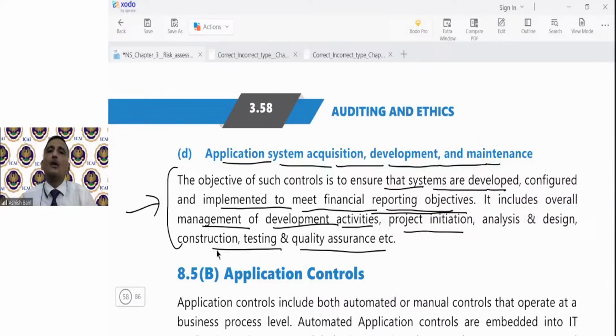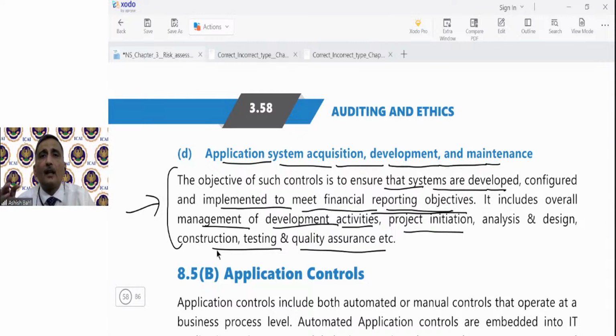So now you have got a fair understanding of, students, what we mean by general IT controls. Remember, I am repeating again its four parts. Number one, controls over data center and network operations.